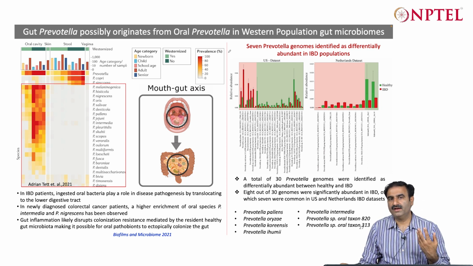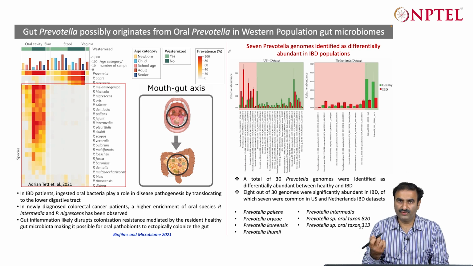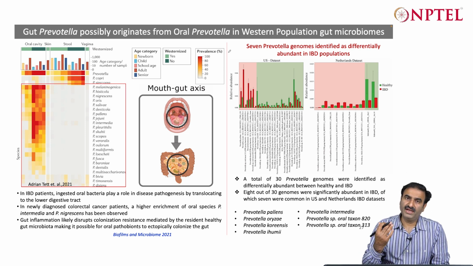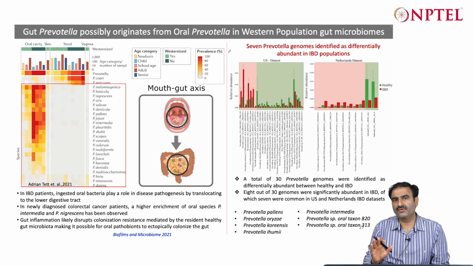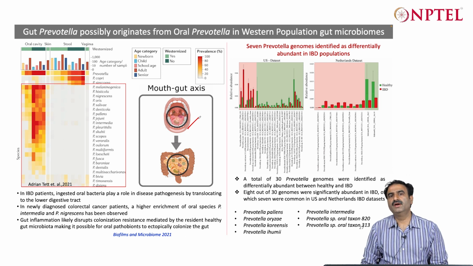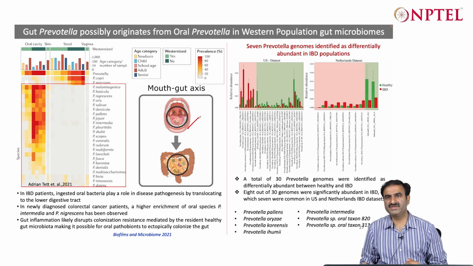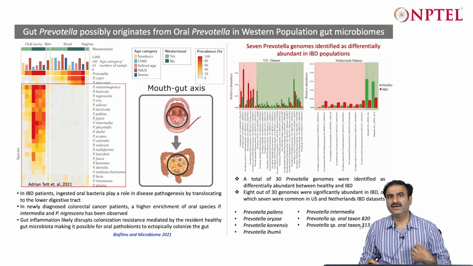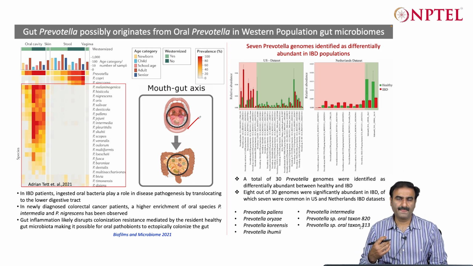And it was also noted that those inflammatory, or sometimes called pathogenic, other Prevotella species were also found in the mouth of the Western populations, which gives you some clues about the mouth-gut axis, that bacteria from the mouth can go to the gut and colonize the gut later. So that means there is a crosstalk between oral hygiene and the gut.